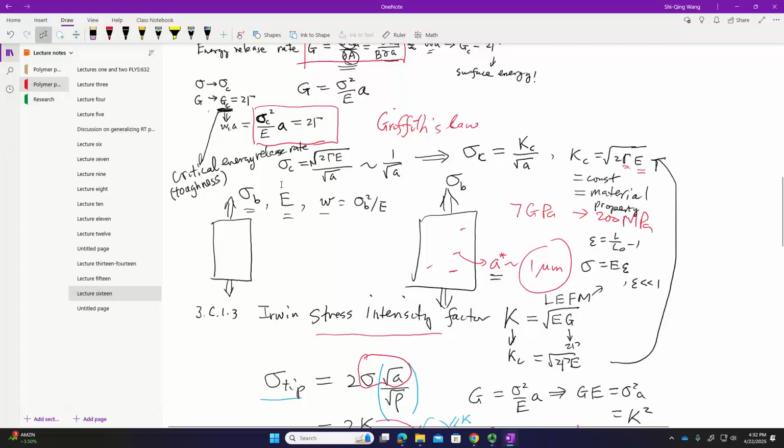We would not have. He used the window glass as an example, which guided him to identify this quantity called critical energy release rate, because that's the amount you pay for gamma, for the energy.